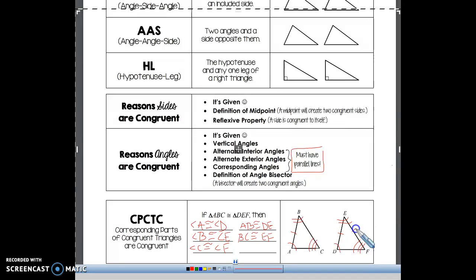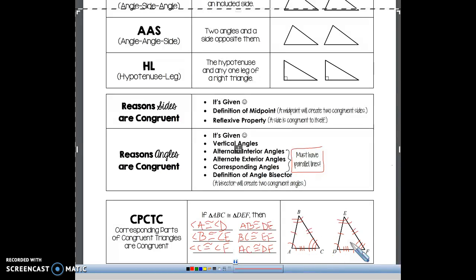We can mark that by 2 tick marks because it's the second set. And then the last one would be AC is congruent to DF. And since this is our third set, this would get 3 tick marks.